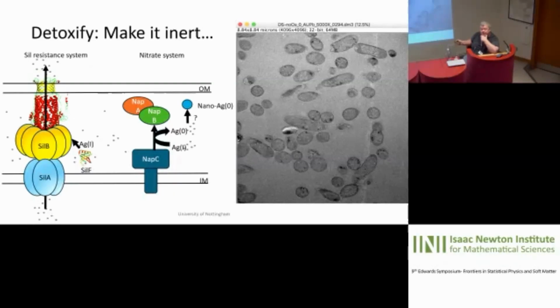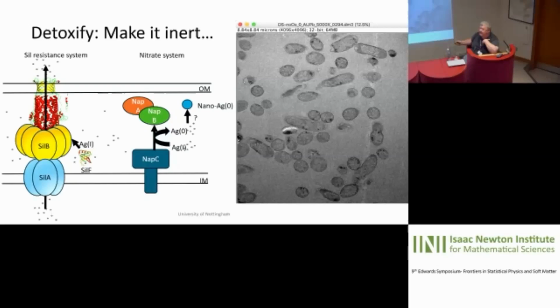And when you do the calculations of what they call the minimum inhibitory concentration, i.e. the minimum amount of silver you need to kill a bacteria, it's about 600 micromolar, and if you put all of the 600 micromolar across the cell into a nanocrystal, it comes out at about 20 to 30 nanometers.